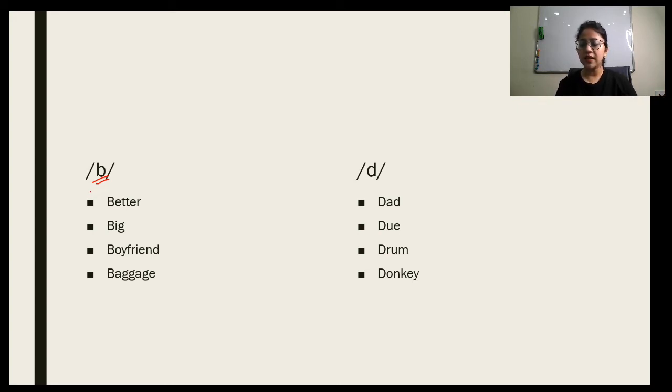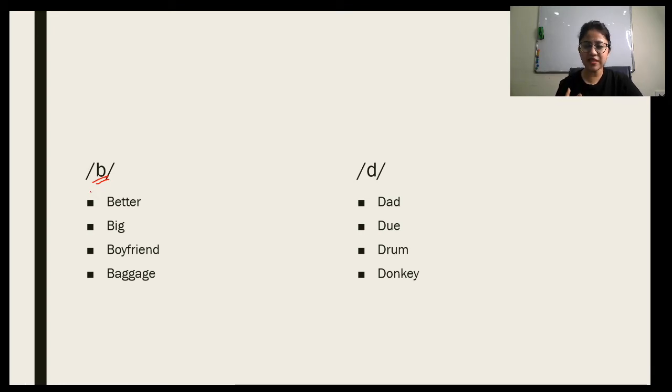You'll notice that you can only hear the sounds. Ba. You'll hear this. Ba. So you see, that is how we pronounce the sound. Ba. So we go better, better, big, boyfriend, baggage.